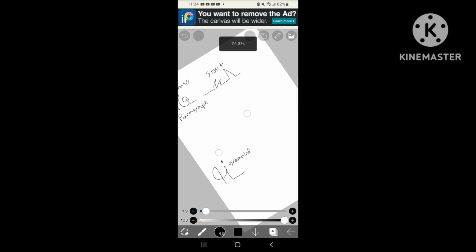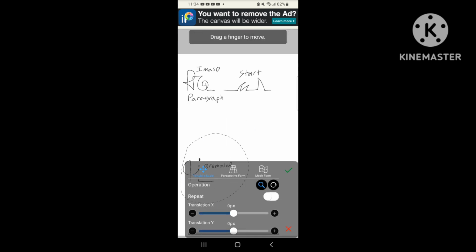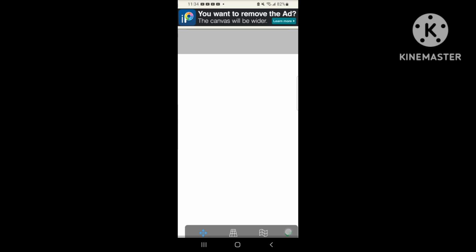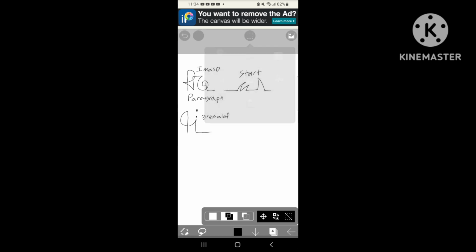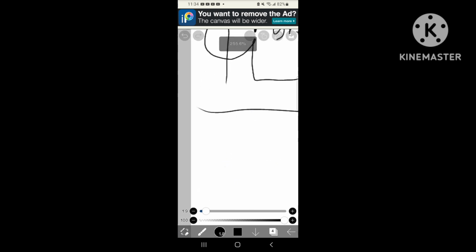In writing, you have to put if-then. You'll notice that I didn't put a then symbol, and that's mainly because I'm lazy.